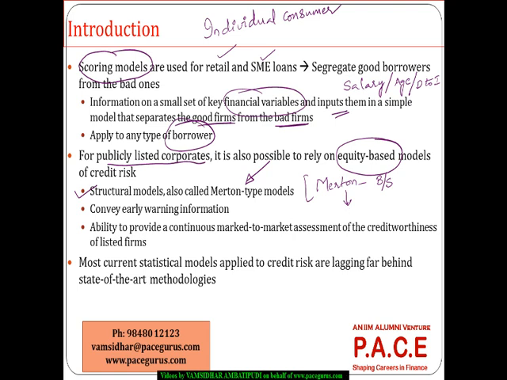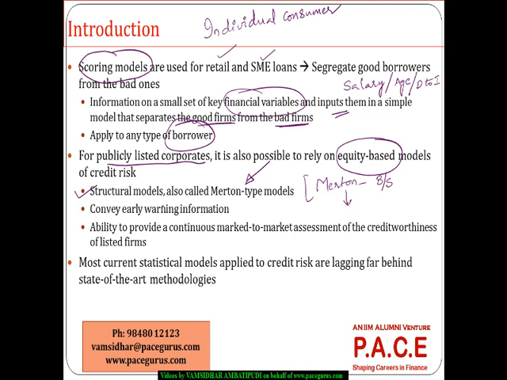So there are different models which are built on top of the original Merton model for assessing the probability of default, or for computing the credit risk that is involved. So that's the reason they are all called Merton type models.